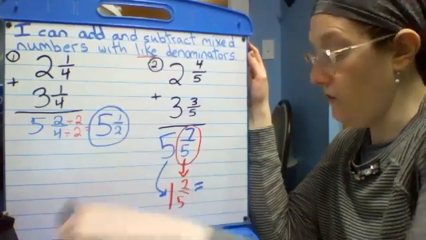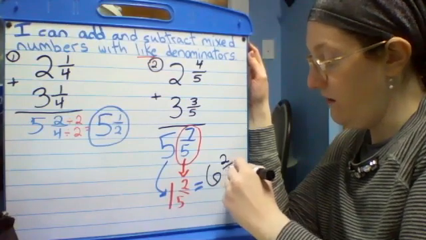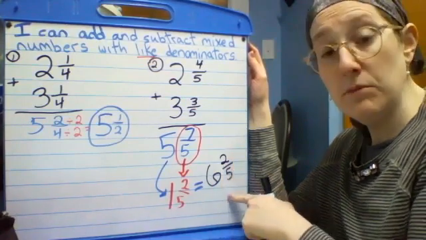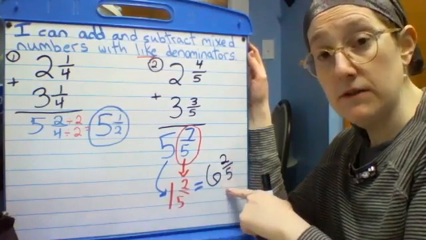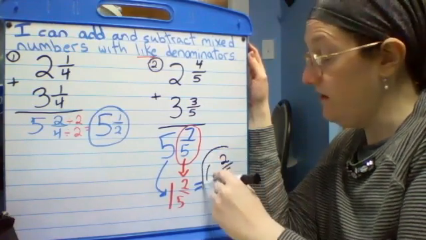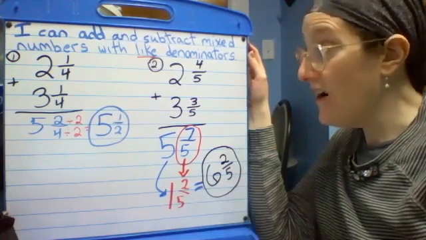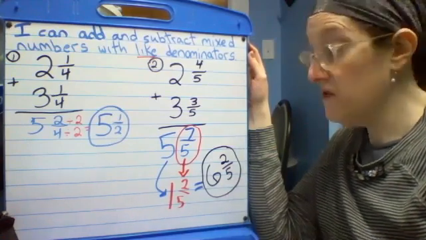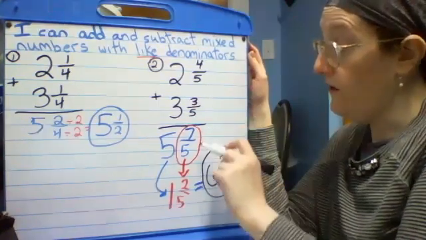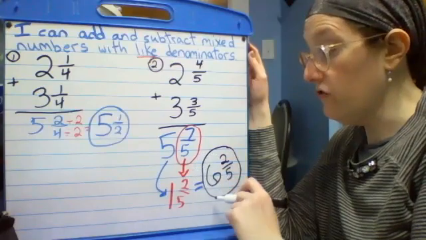And our answer is going to be 6 and 2/5. Can I simplify 2/5 or is it in the simplest form? They have no common factors. So this is in simplest form. So that's, again, adding mixed numbers, but in this case, we ended up having to change an improper fraction in order to finish the work.